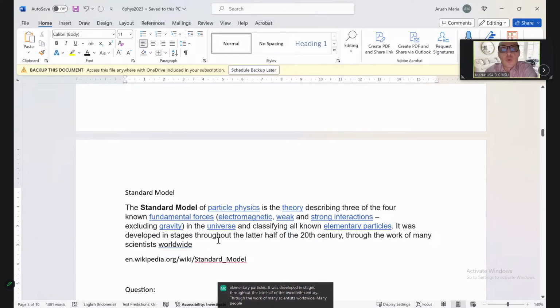Many people got the Nobel Prize for the standard model, I think in the 1970s. So please be aware of that, because string theory tries to go beyond the standard model. The standard model is really good, but it's not good enough, and people try to improve the standard model of particle physics.